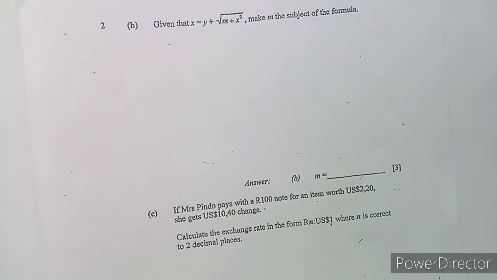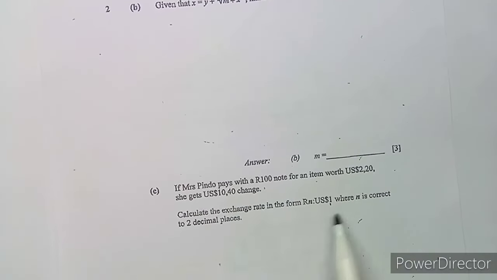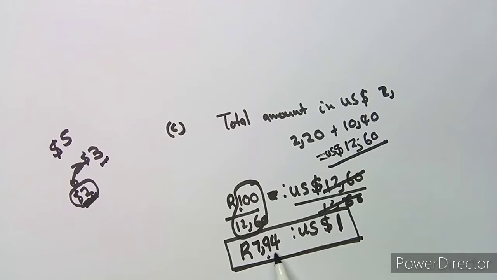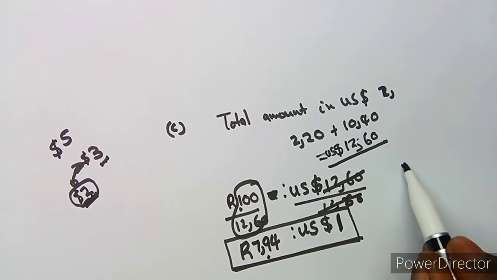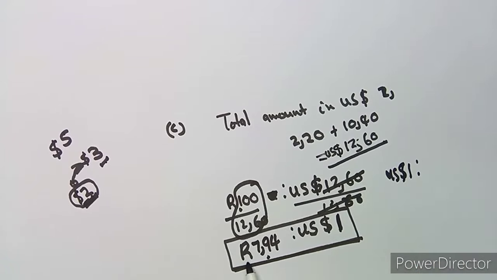Sometimes they can ask you, we are given a rate like this, then the question is to calculate the value of n. When the question is asking you to calculate the value of n, you state that your n is equal to this, but in this case they said you are given to write it as a ratio like this, not 1 US dollar as to, no, this rand as to. This is what you're supposed to write your answer as.